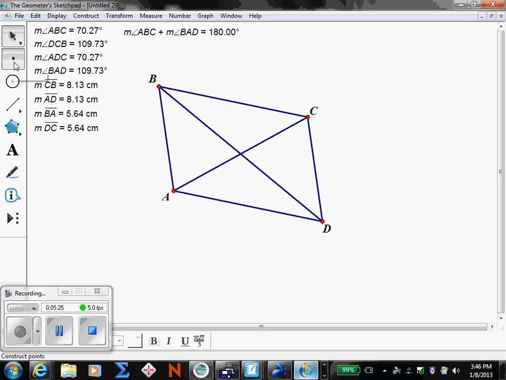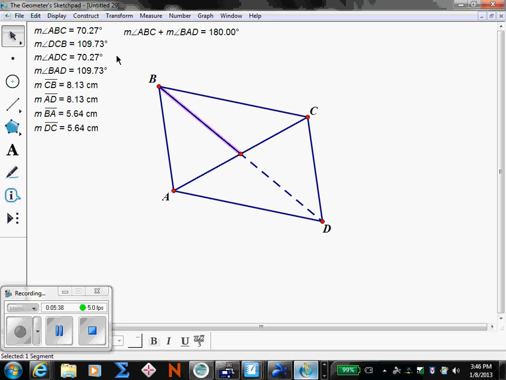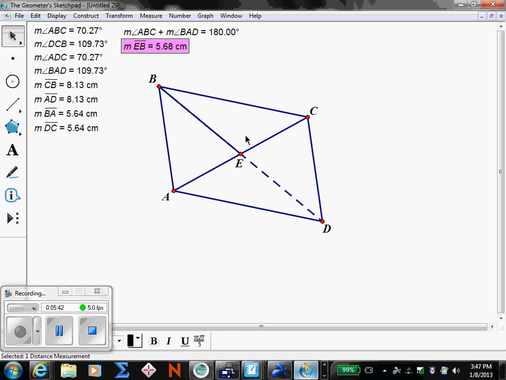But what happens is, make segments here, construct segments, and then measure them, you will see that something special occurs.